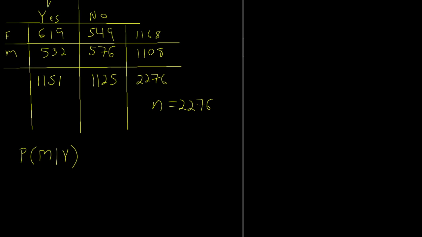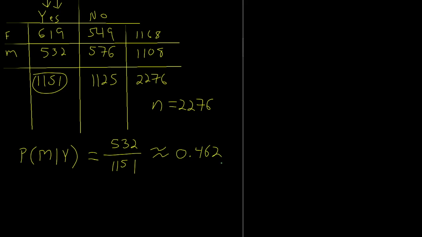And so we're only choosing from this column. We start by choosing yes. So that's given now. We only have the yes choices. Well, how many men are there? There's 532 out of a possible 1,151. Grab my calculator here. We're looking at about 46%.